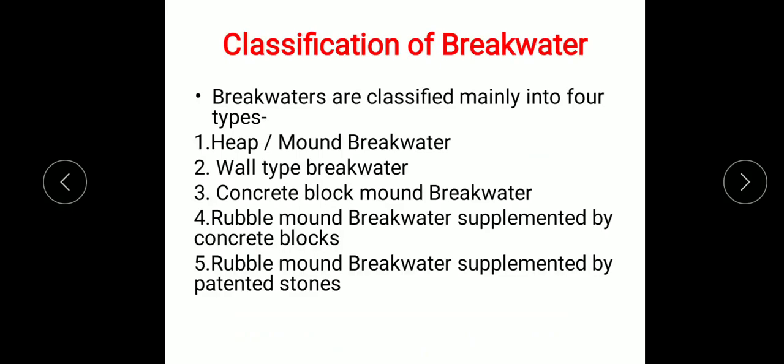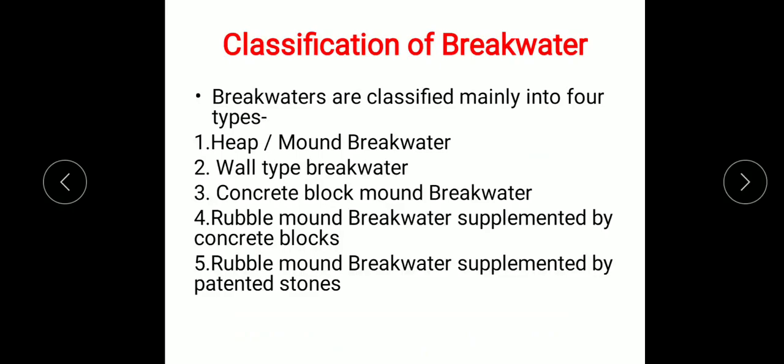If you see the classification, breakwaters are classified mainly into 4 to 5 types. First one is the heap, which is also known as mound breakwater. Second is the wall type breakwater. Third is concrete block mound breakwater. Fourth is rubble mound breakwater, which is supplemented by concrete blocks.